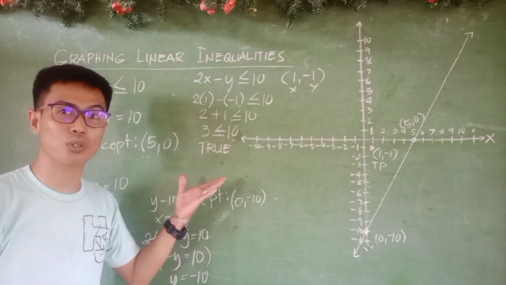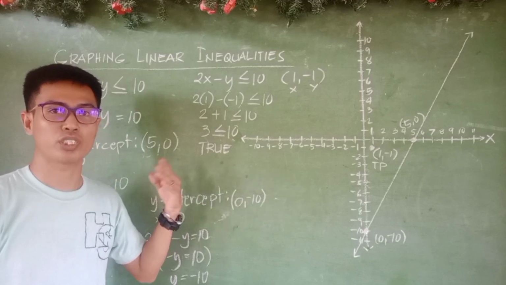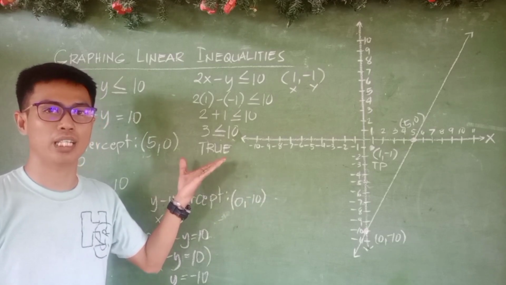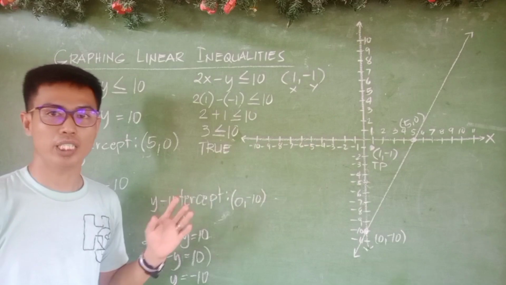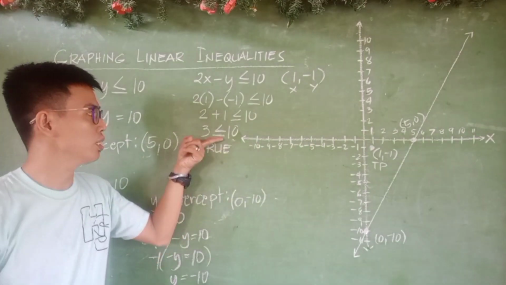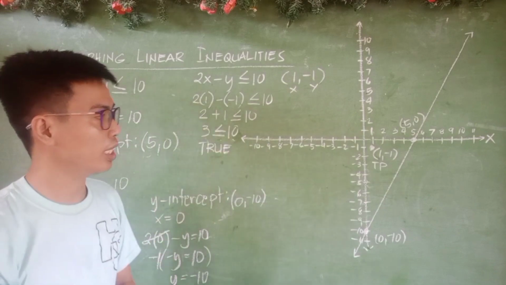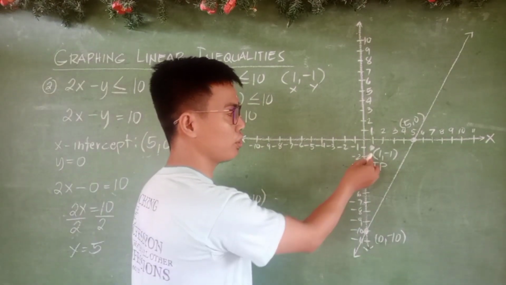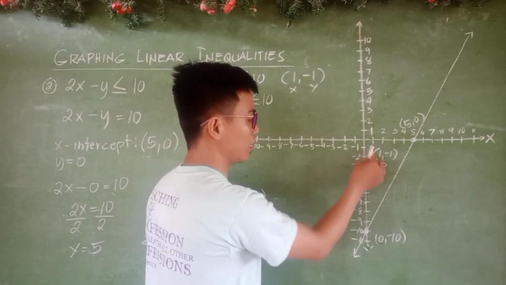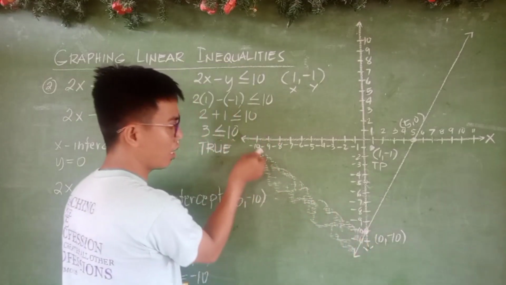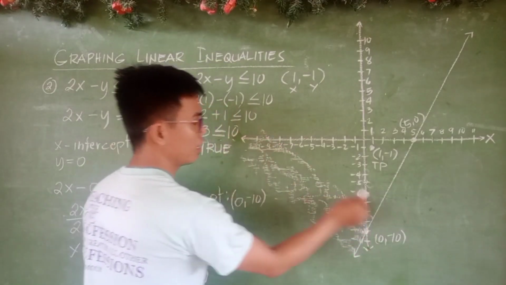And since naging true yung sagot, ibig sabihin, ang shaded part ng ating graph is kung nasaan yung ating test point. So since naging true siya, ang shaded natin is yung part na nandun yung test point. At ito yung test point natin, so nandito ang shade ng ating graph.